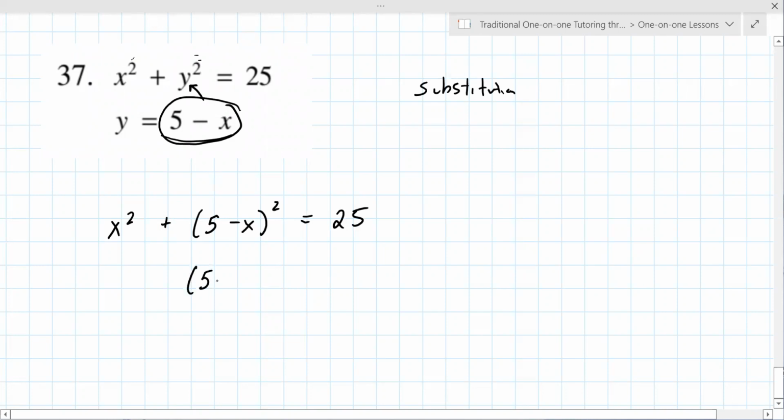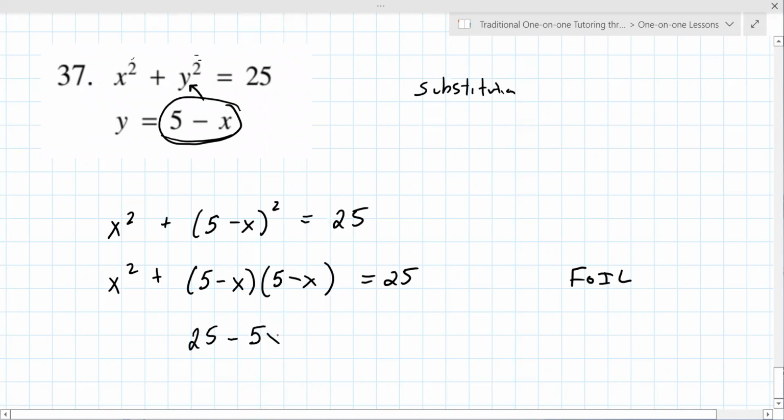If you haven't FOILed in a while, it's better to expand the binomial like this and write it out rather than to try to shortcut it. And you want to use FOIL on that. So you get 5 times 5 is 25, 5 times minus x is minus 5x, minus x times 5 is minus 5x, minus x times minus x is plus x squared, equals 25.